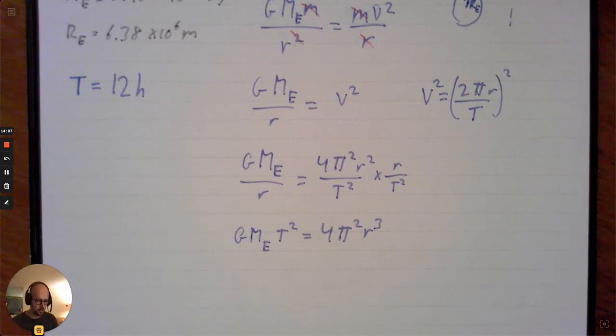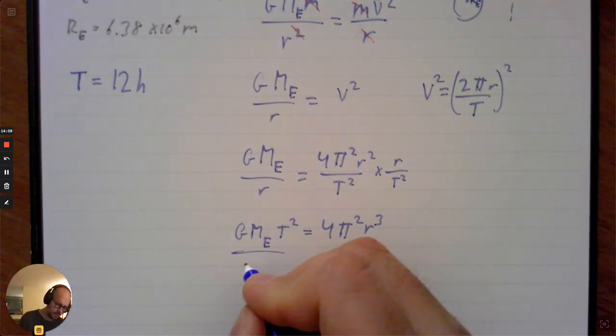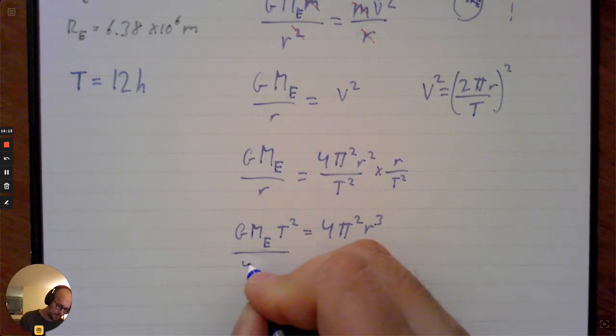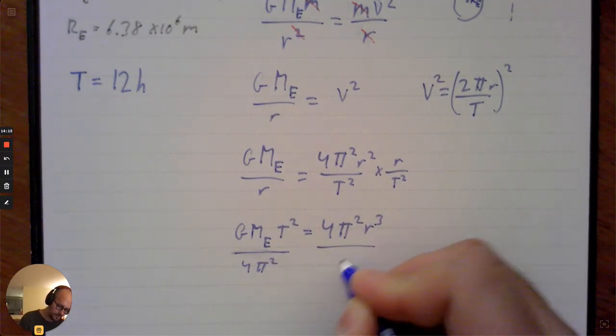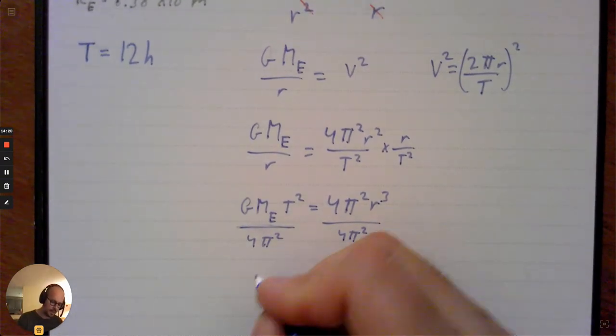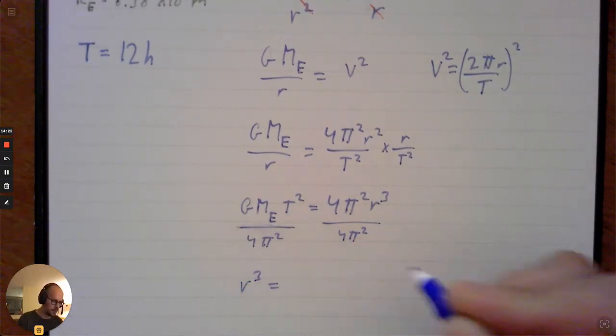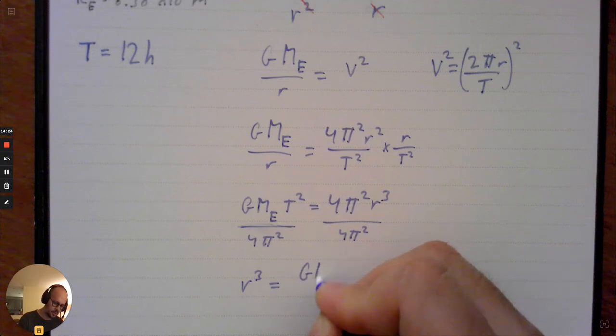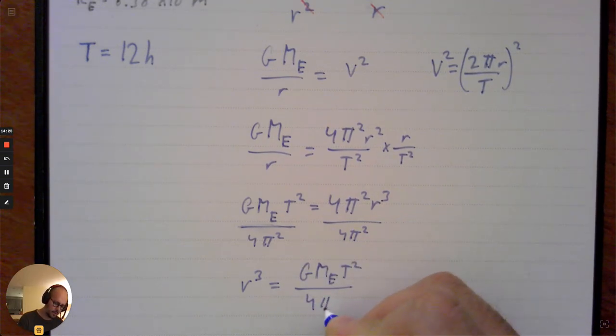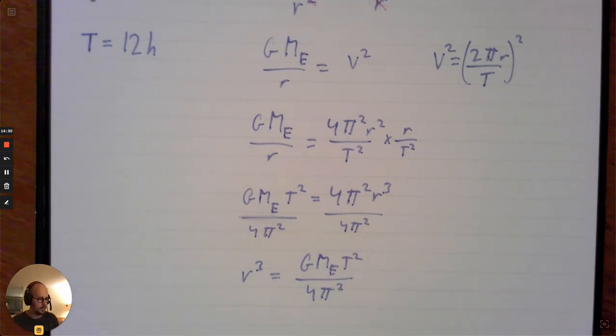Then divide both sides by 4 pi squared. And so what I'm going to have is R cubed equals GME T squared over 4 pi squared. So I have an equation.